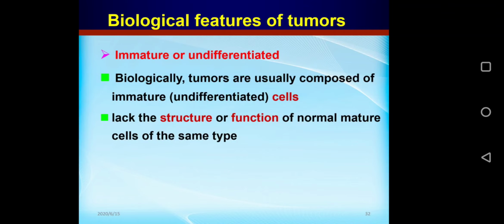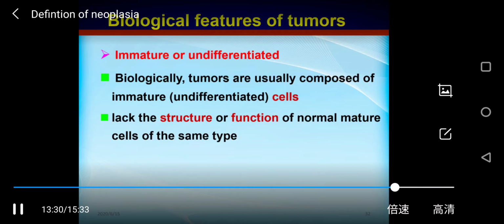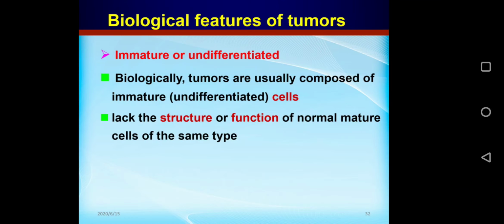The biologic features of tumors: there are two features. The first is immature or undifferentiated. Biologically, tumors are usually composed of immature cells, unlike the structure or function of normal mature cells of the same type. So in a neoplastic lesion, we can find immature features. Maybe the cells are immature, or maybe the architecture shows immaturity.